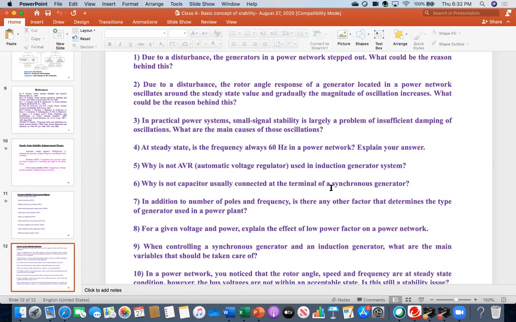So that's why its voltage is maintained properly. It does not draw any reactive power. That's why it does not have any low lagging power factor. Consequently, a capacitor is not needed. So this means capacitor is not connected at the terminal of synchronous generator, while capacitor is connected at the terminal of induction generator. And from question number 5, AVR is connected with the synchronous generator.